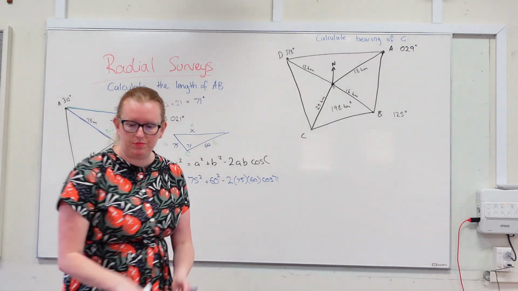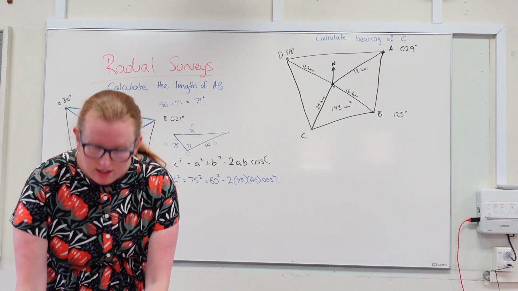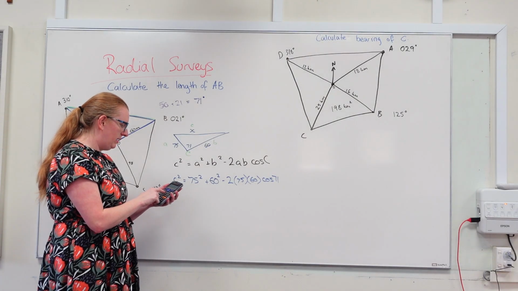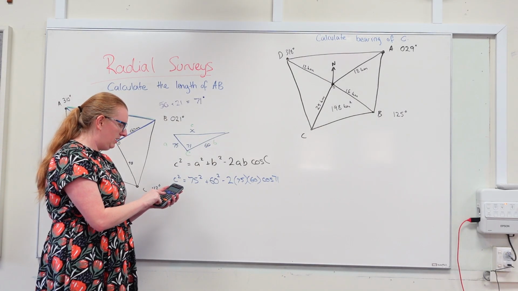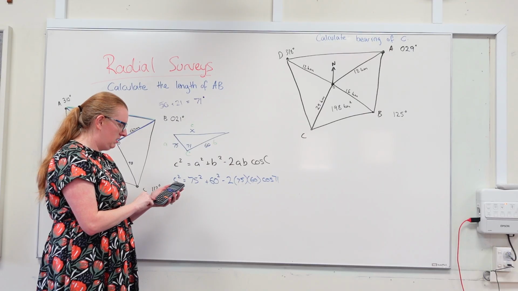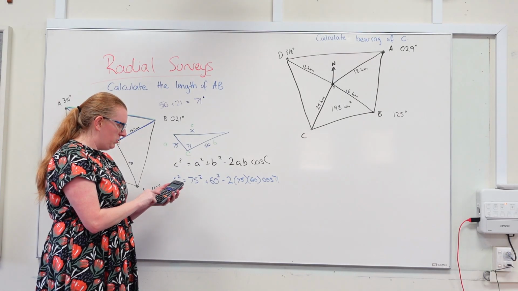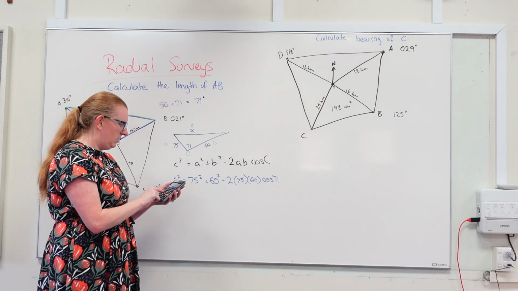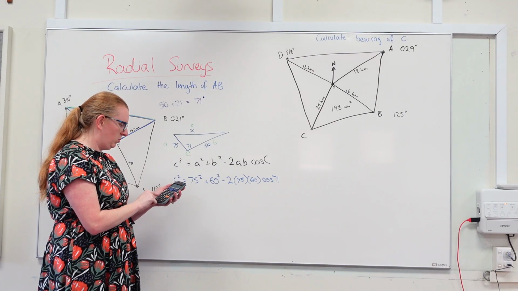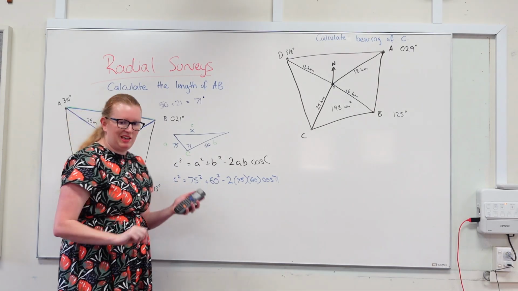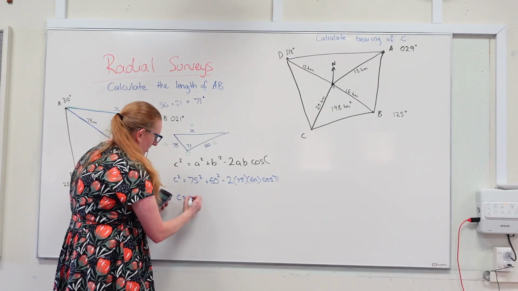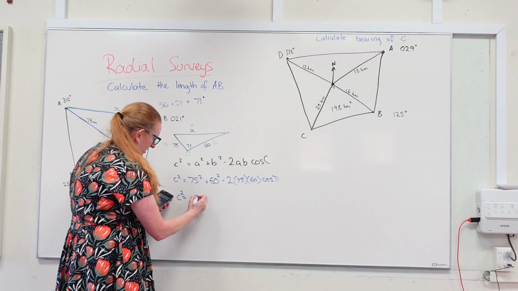Okay, now in my calculator, I'm going to type this in: 75 squared plus 60 squared minus 2 times 75 times 60 cos 71, and I get a really big number, but that's okay because it's my c squared.